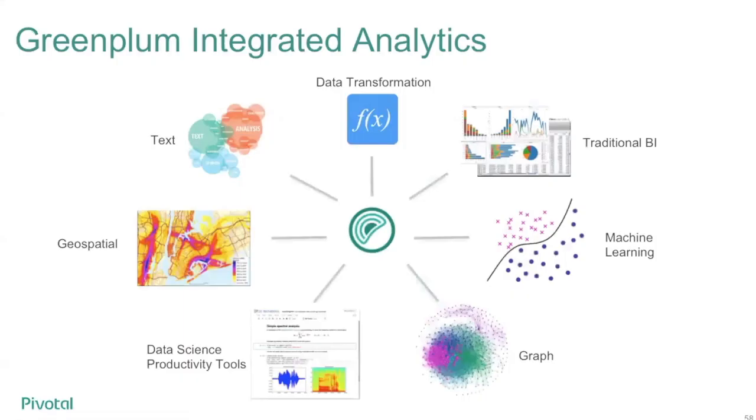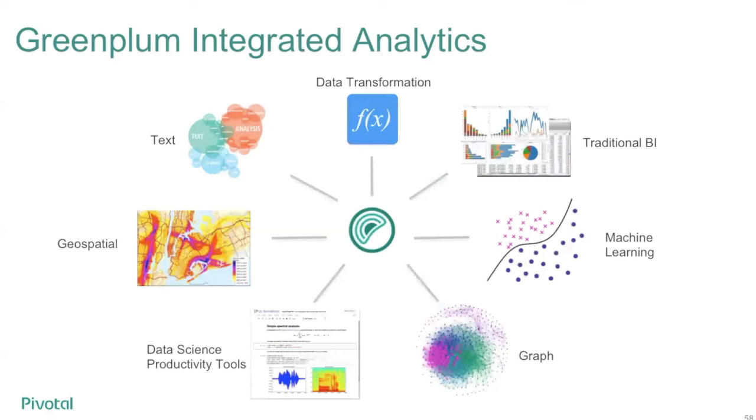Now, when we look ahead, we revisit this slide where we show the different capabilities that are offered through Greenplum, such as the text analytics, graph analytics, and traditional BI tools. In the future, what we want to do is essentially improve upon the performance of these existing tools, as well as add new features and capabilities to these individual tools.